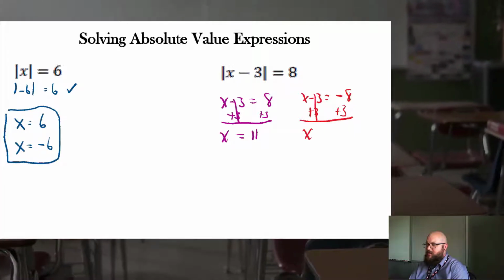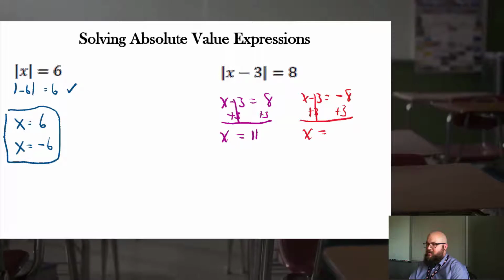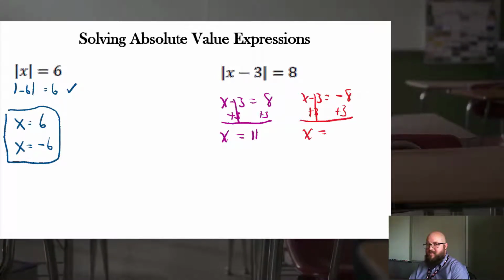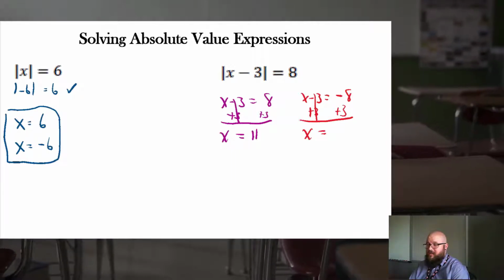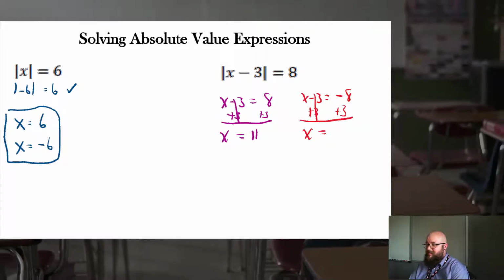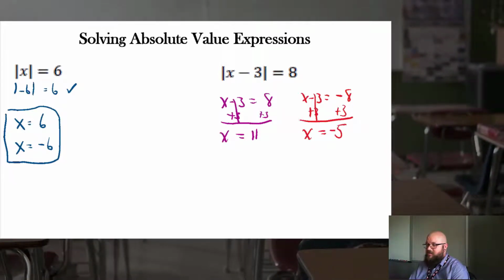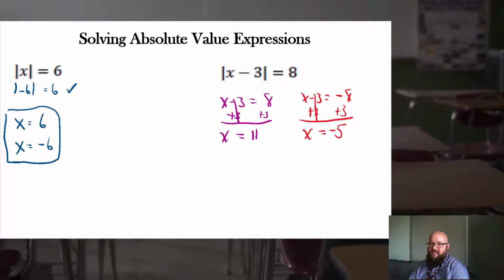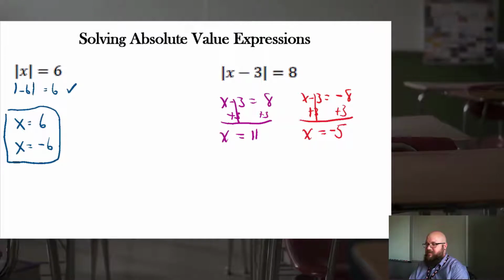These 3's go away, and now you've got negative 8 plus 3. Think of this as you're $8 in the hole, and your friend gives you $3. Well, then how much money do you still lack? You're still $5 short, even though you got 3. So our answers should be negative 5 and 11.